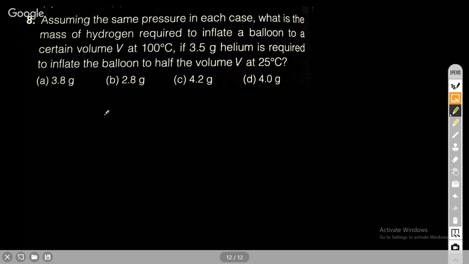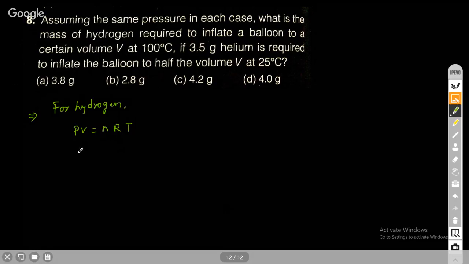Okay, suppose you have hydrogen first. So the mass of hydrogen we have to find out. So what we'll write for hydrogen, if we use PV = nRT: the pressure is what?